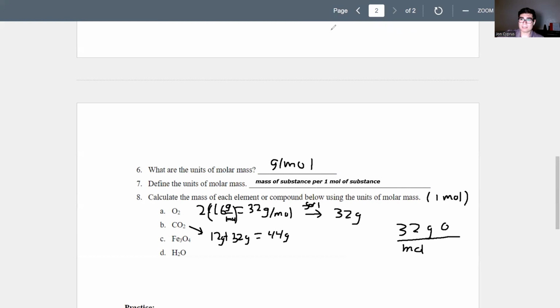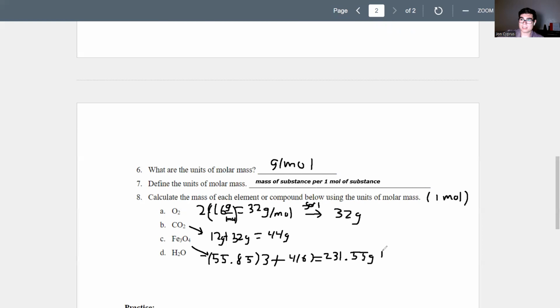For the iron, it's very similar. So the iron, we have 55.85. We have 3 of them, and then we have 4 oxygen, so 4 times 16. This gives us 231.55 grams of Fe3O4.